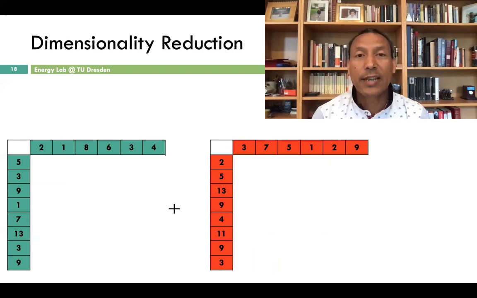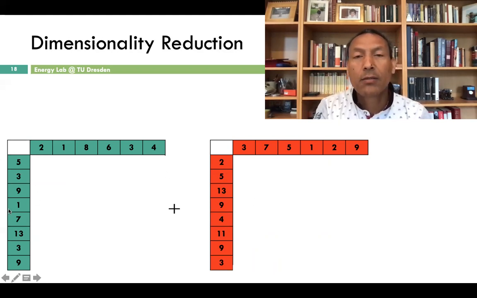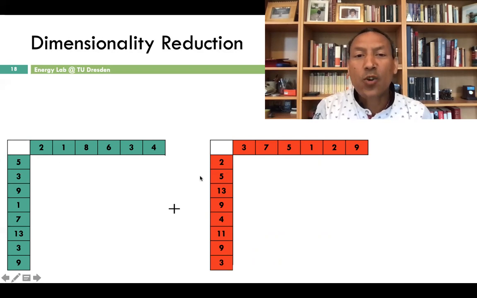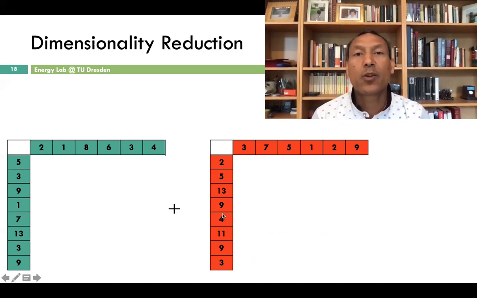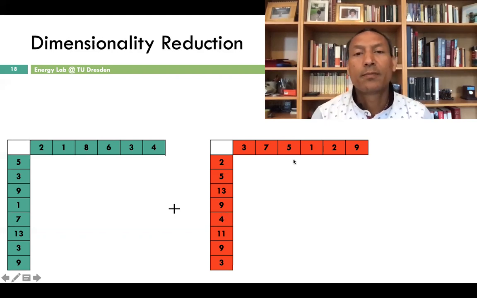And interestingly, these two basis vectors, the columns here, are statistically independent from one another. This one doesn't contain anything belonging to this one, and this one doesn't contain anything belonging to this one. The same can be said of this and this one.